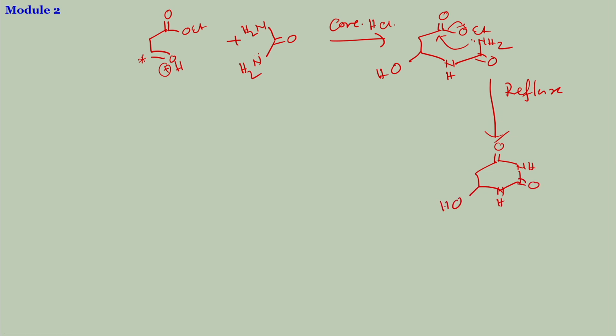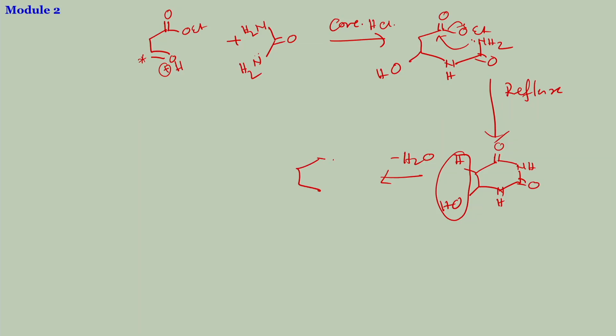You have OH here. Now, since you are heating it up already, then OH and H, they will eliminate water very easily. Dehydration at high temperature is a very feasible reaction. You have your uracil.